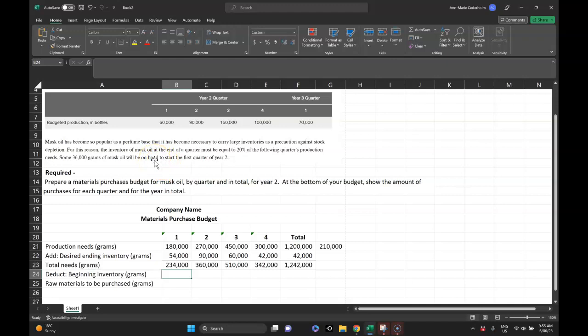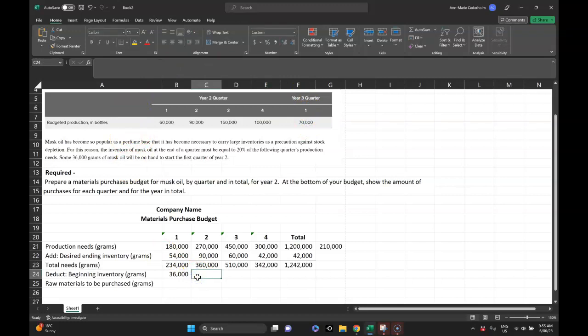So they already converted that for me. If they didn't, I would need my production for quarter 4 in year 1, kind of like how they did up here. They gave me it for year 3. I would need that amount for the beginning.